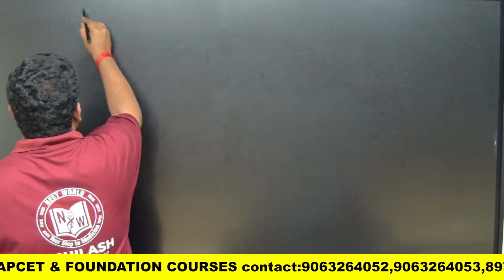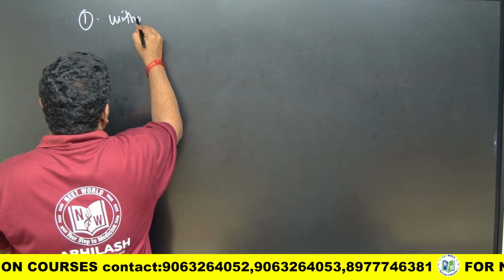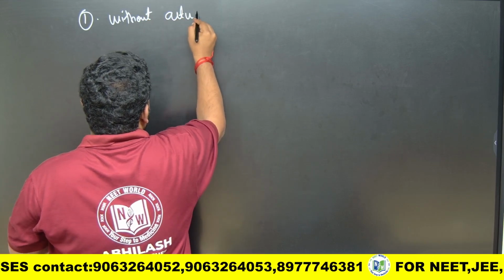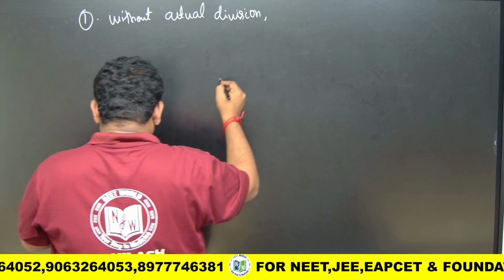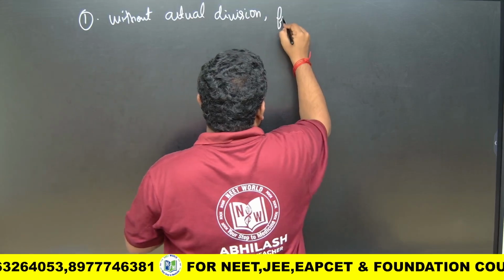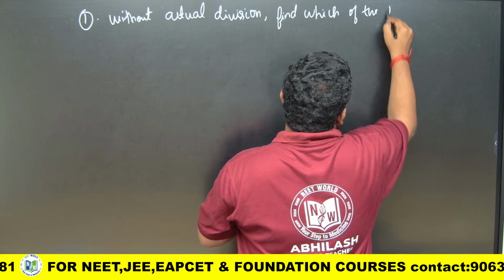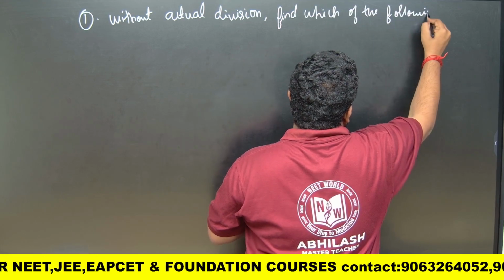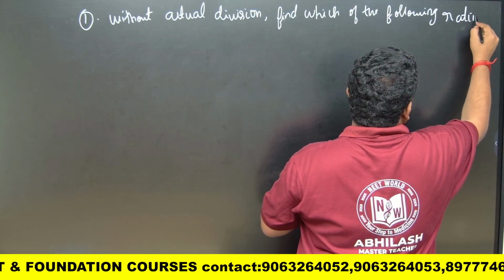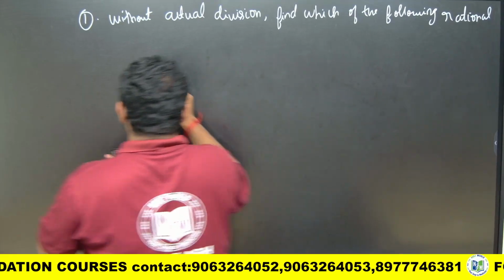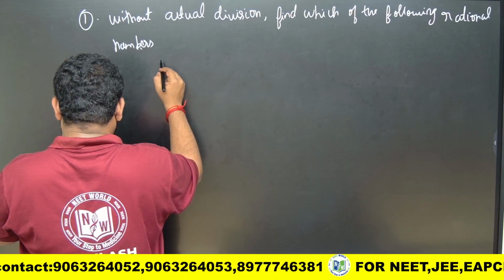Have a look at what they are telling: without actual division, find which of the following rational numbers are terminating decimals.